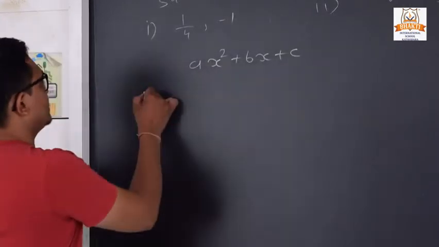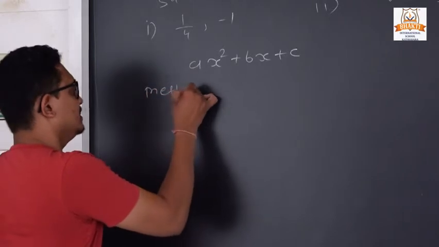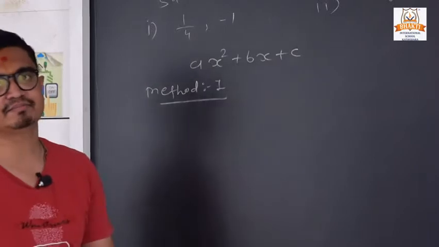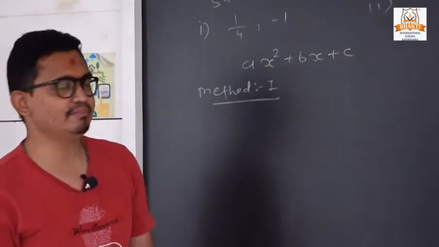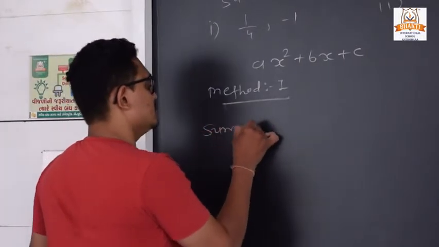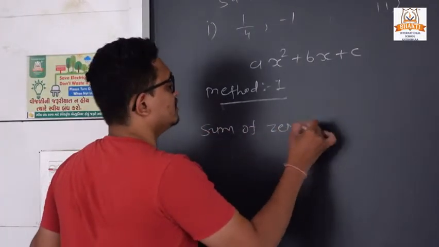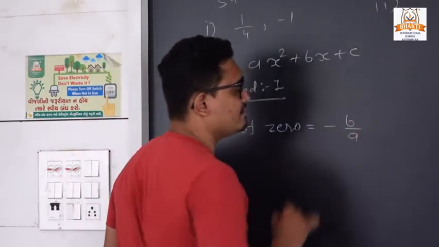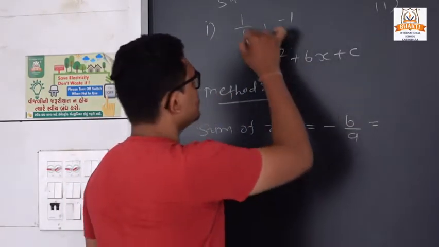Now we have two methods. So first of all we are going to discuss method number 1. In method number 1, first of all, the sum of zeros is given. Sum of zeros is equal to, what is its formula? Its formula is minus b by a, and the sum of zeros is given.